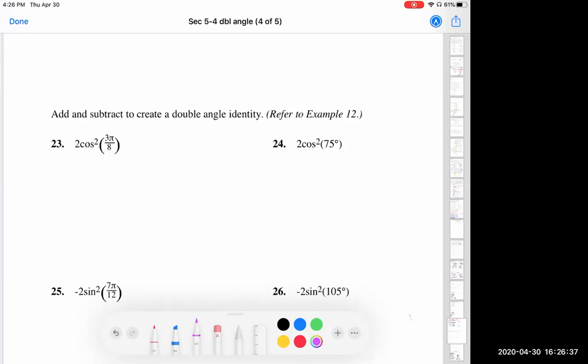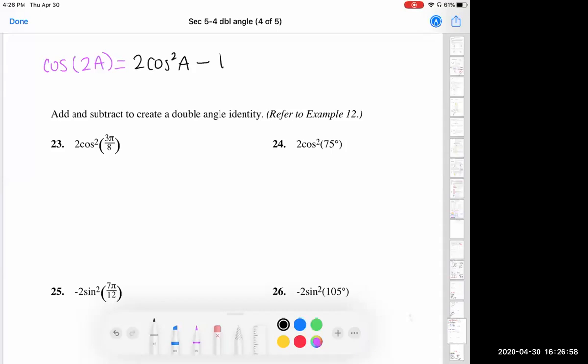And it says cosine of 2a is equal to 2 cosine squared a minus 1, right?